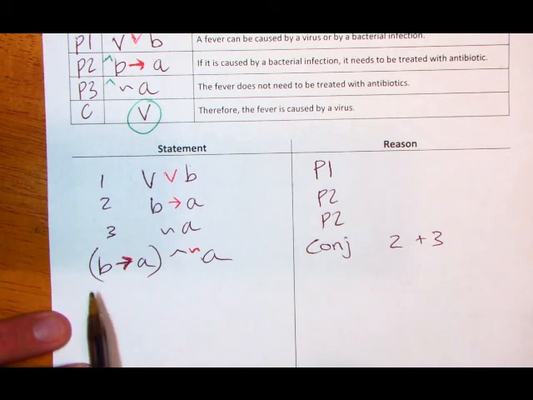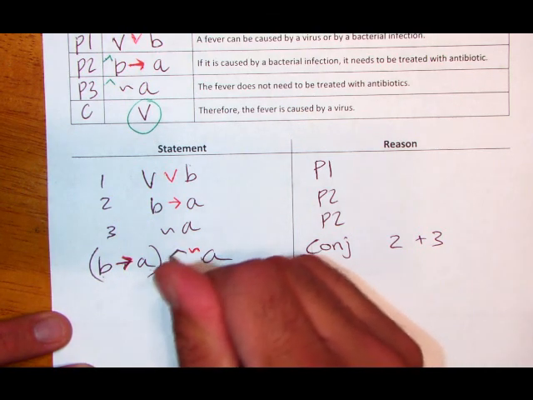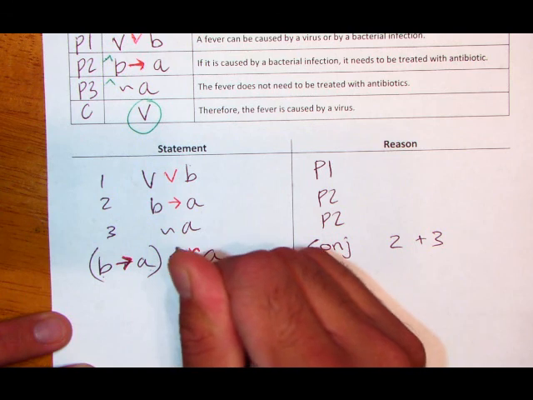Now what you should see is we have the start of one of our rules. If B, then A, and not A.